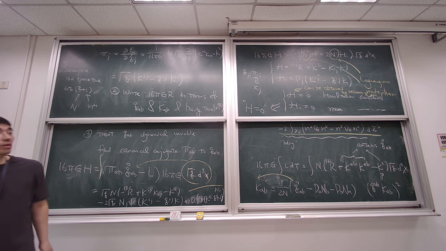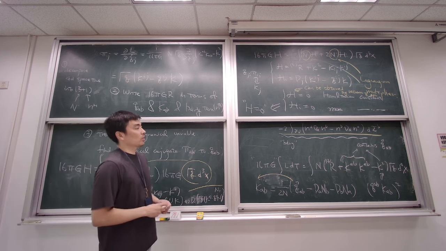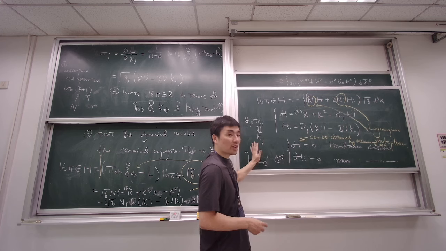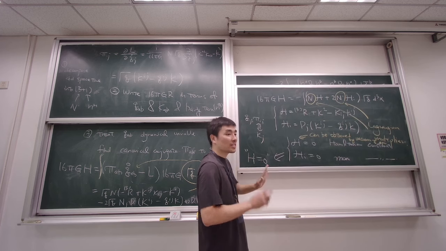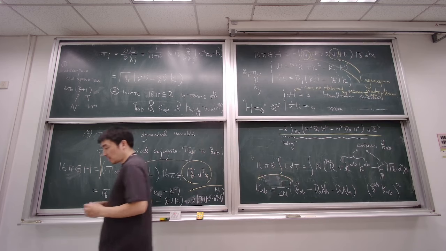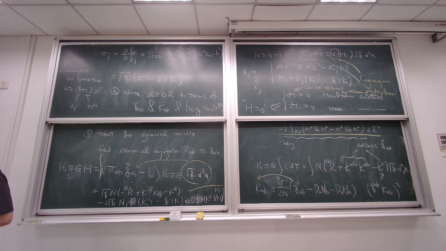So the point is that if you only look at the bulk term, the Hamiltonian looks like 0. Let's take a break.